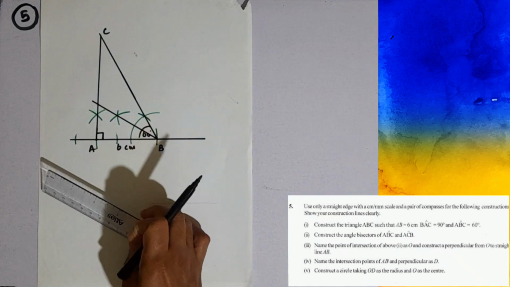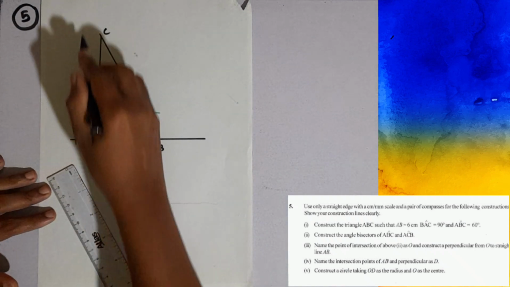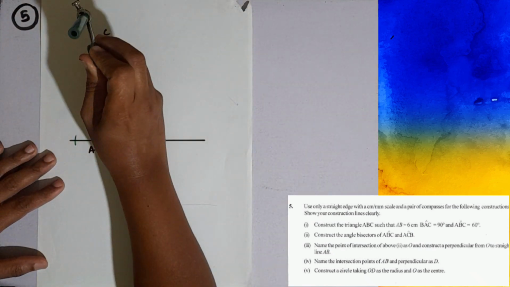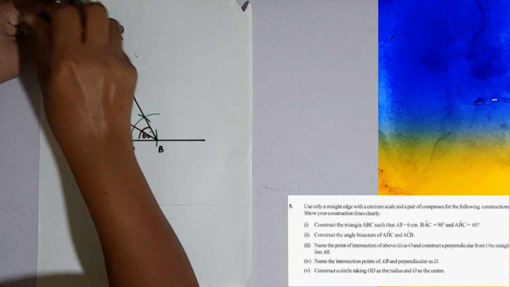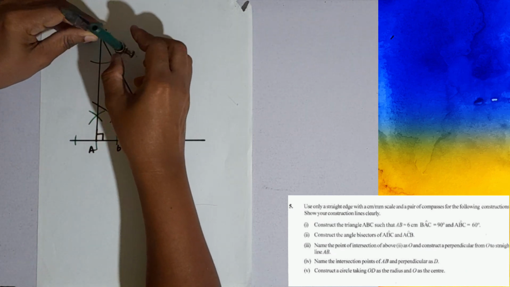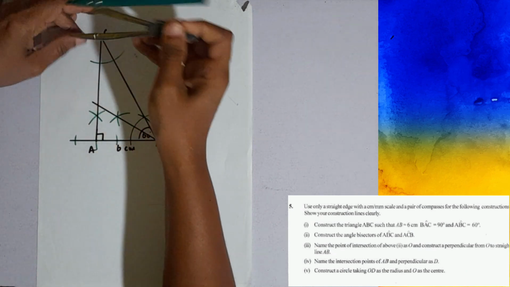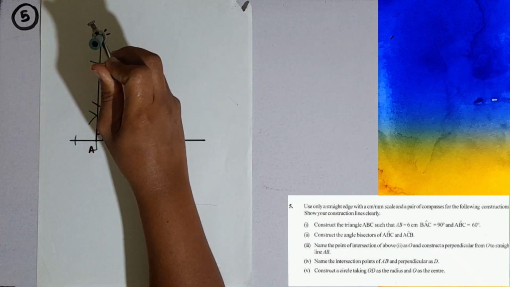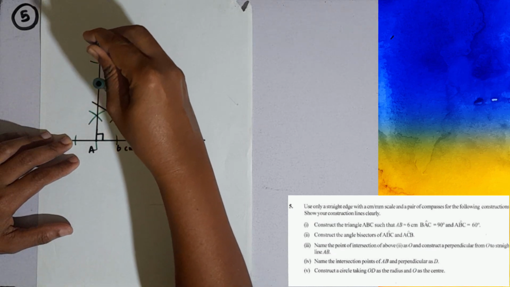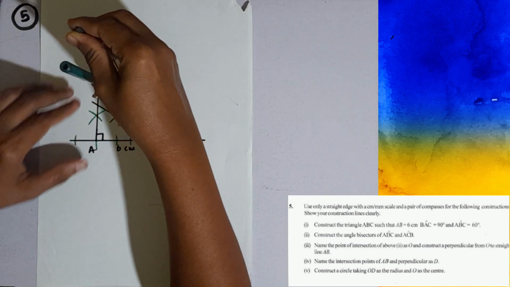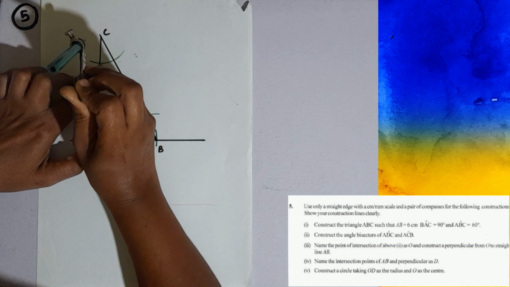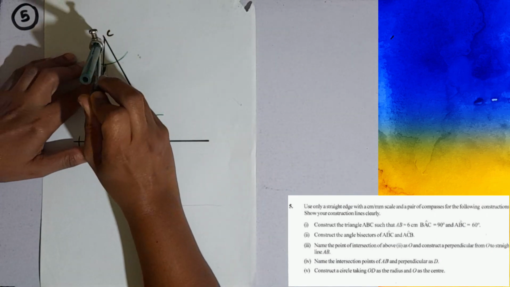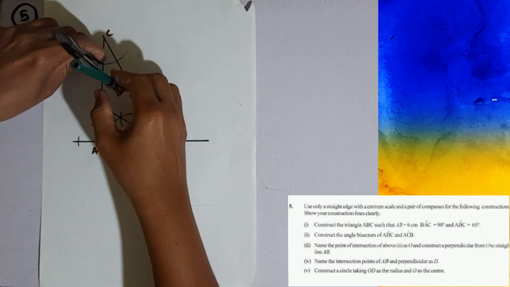Then in the same way you have to take the angle bisect of ACB. Keep it here and draw an arc. Then by placing the point of compass like this, draw another arc. Then without changing the distance, keep it here and draw an arc by intersecting this arc.